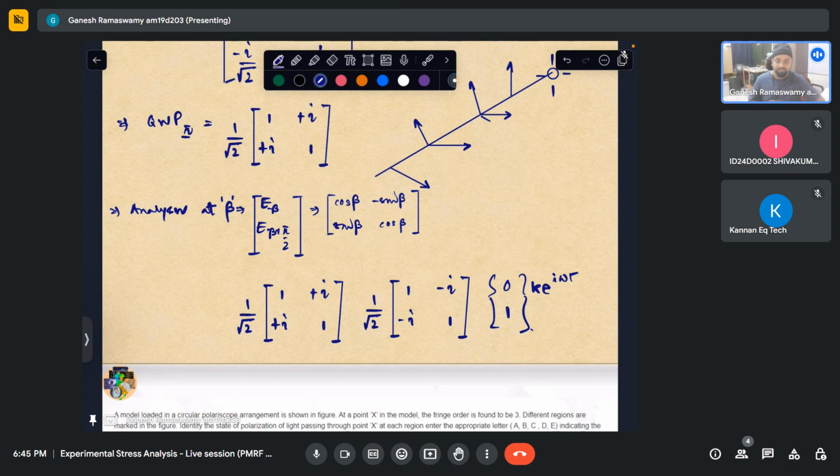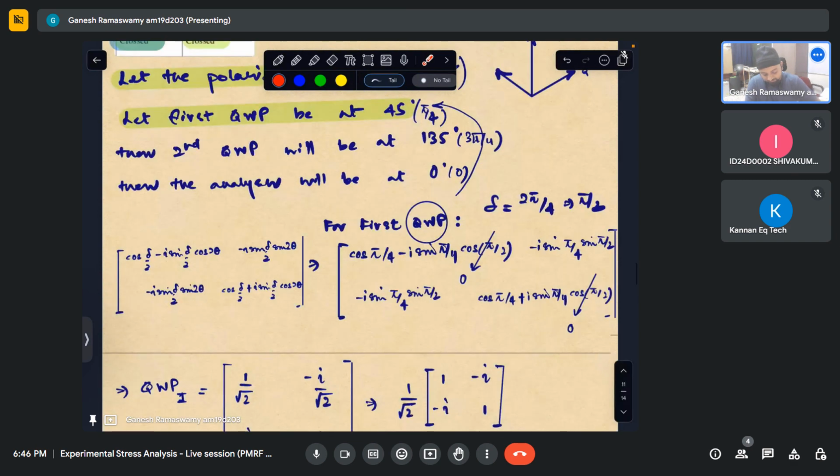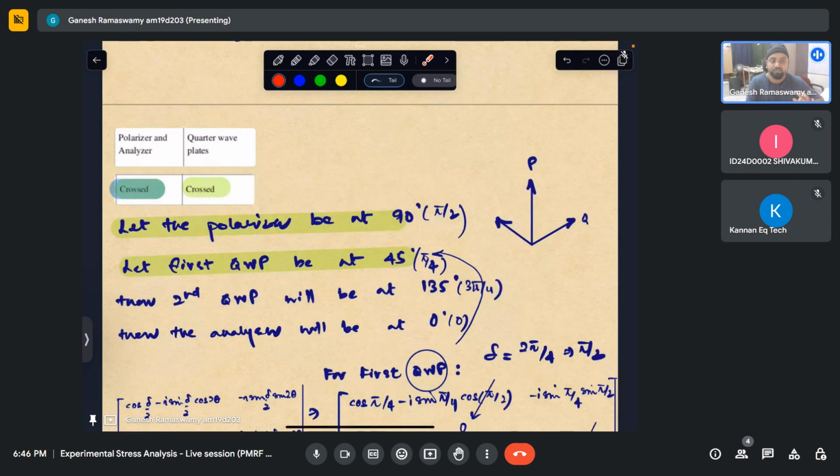So when we place an analyzer at some beta angle, we need to multiply what comes out of the second quarter wave plate with this matrix, which will bring it to our normal basis. After that, the intensity of light at minus beta is the light that we will see, essentially. In our problem, beta is 0, because our polarizer is kept at 90 and we are solving the problem where polarizer and analyzer are crossed. I hope that is clear.